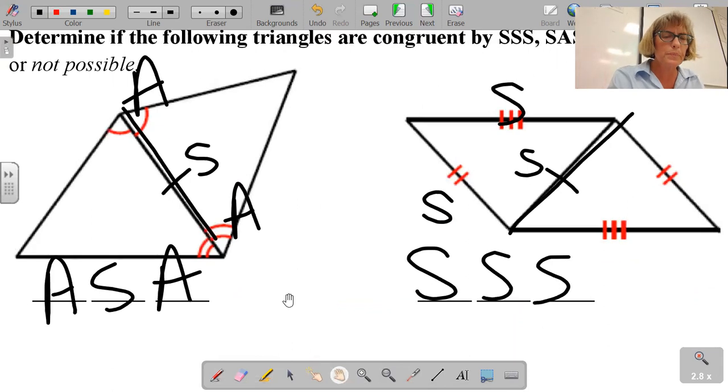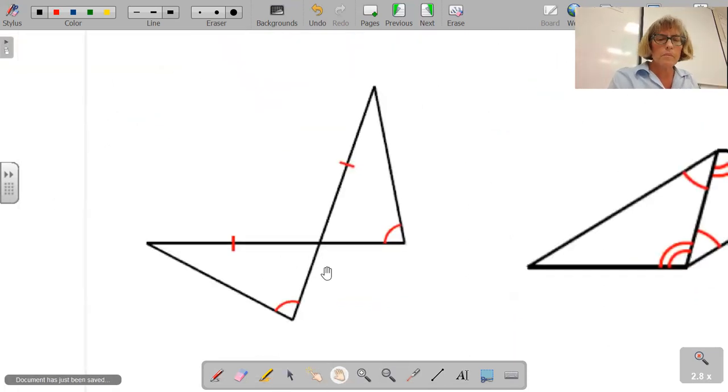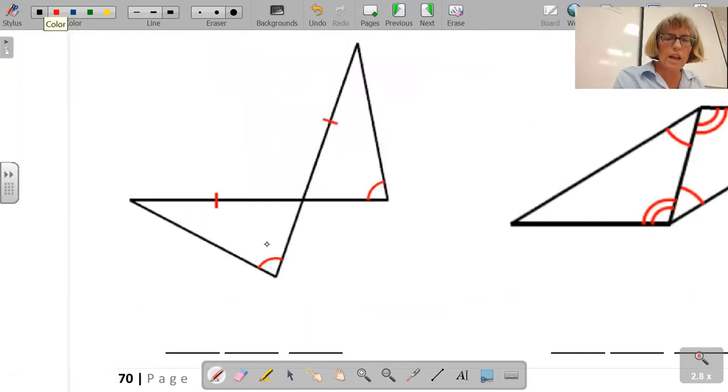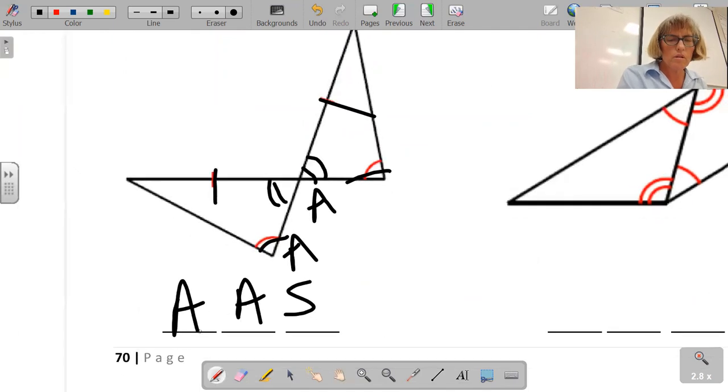Down here, this one, I had a pair of angles, another pair of angles, and then a side. This one reads angle, angle, side, or side, angle, angle. That's perfectly fine.